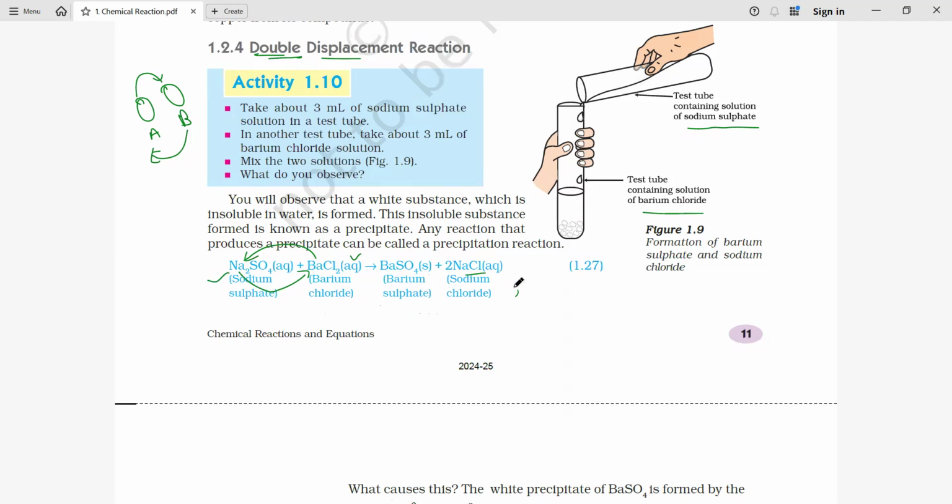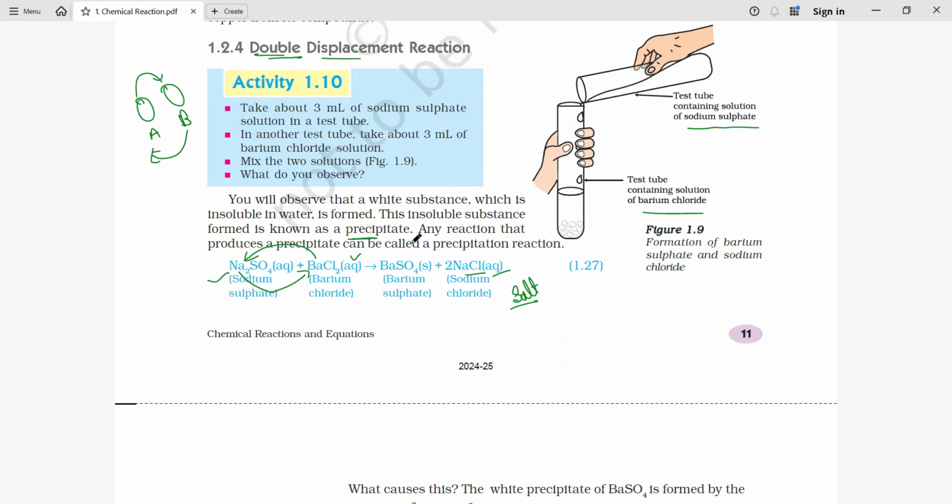And sodium chloride is what? It is the common salt that we eat every day. So it is soluble in water, forming an aqueous solution. Whereas barium sulfate is not soluble. So this is the insoluble substance. It formed a white precipitate in the solution. Okay.